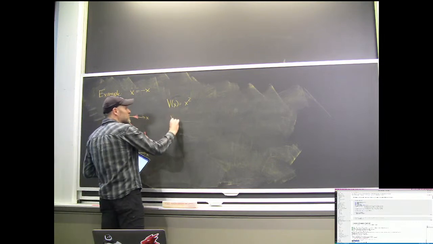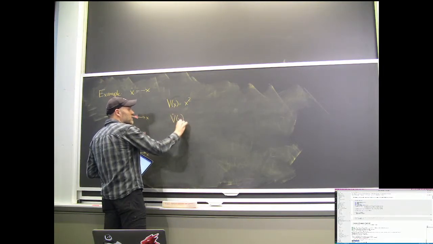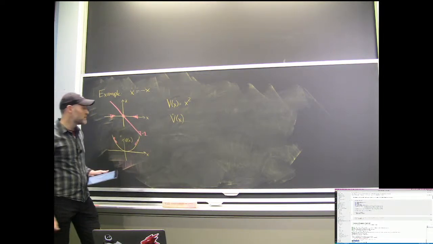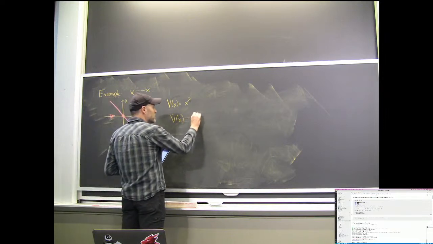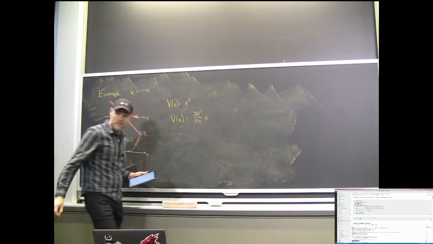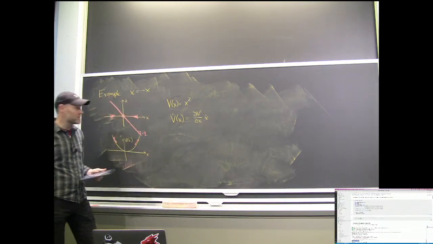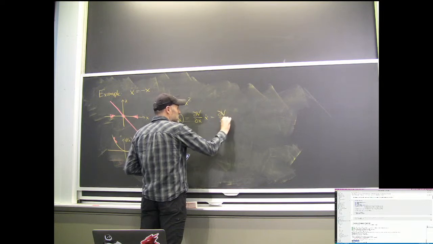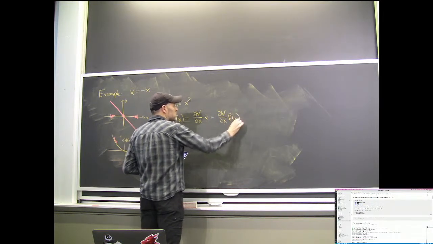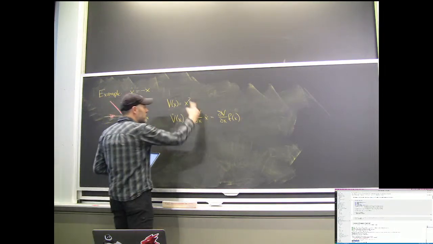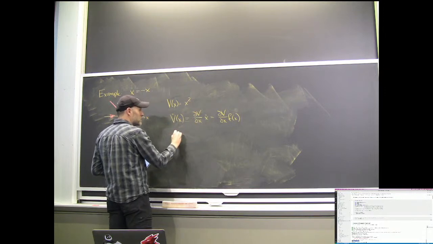So V dot of x, dV dt. V doesn't have an explicit dependence on time, but the full derivative is partial V partial x times x dot. x does have a dependence on time, and it comes from the dynamics. In this setting, it's very easy to work with.